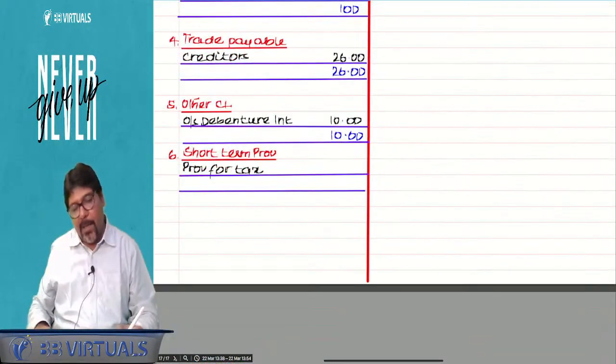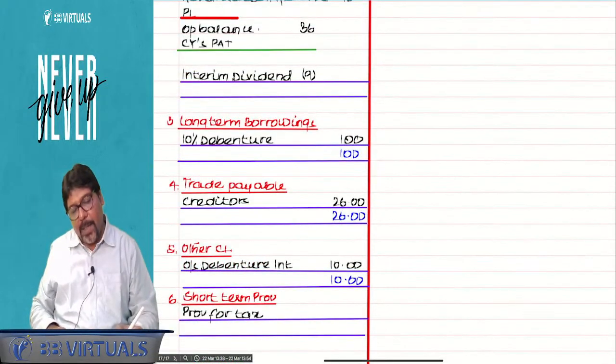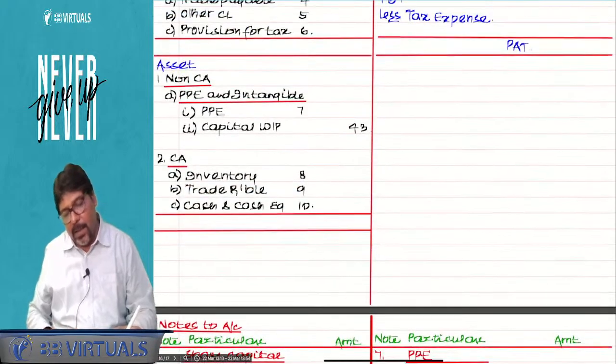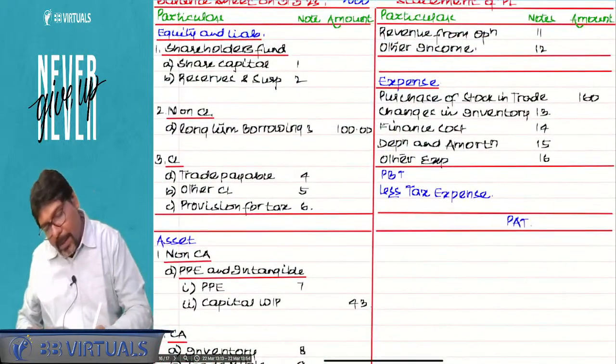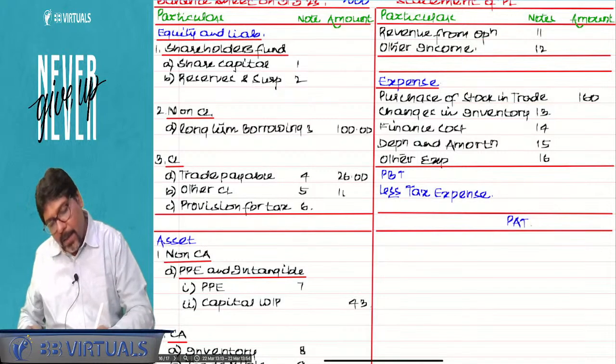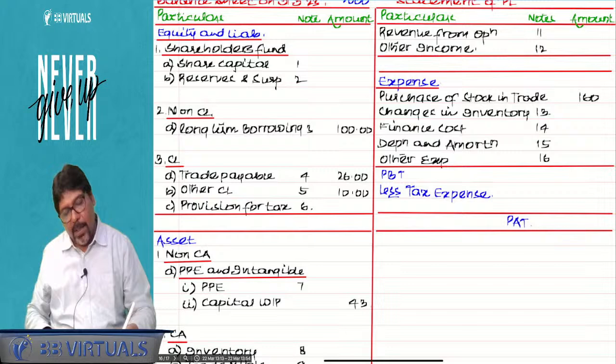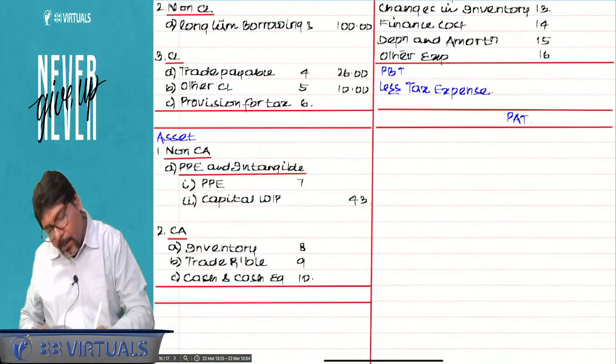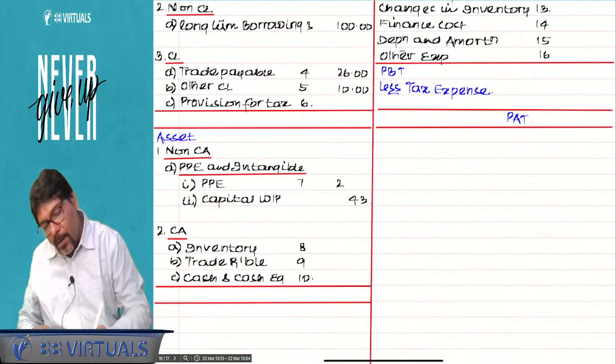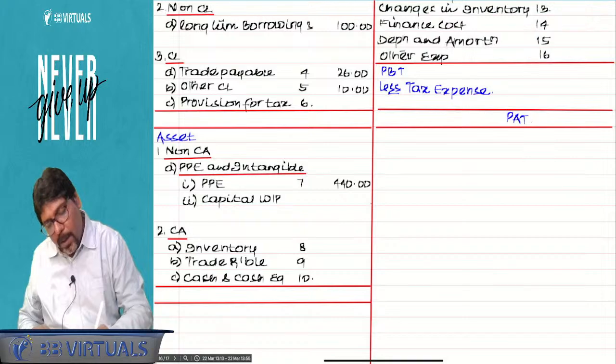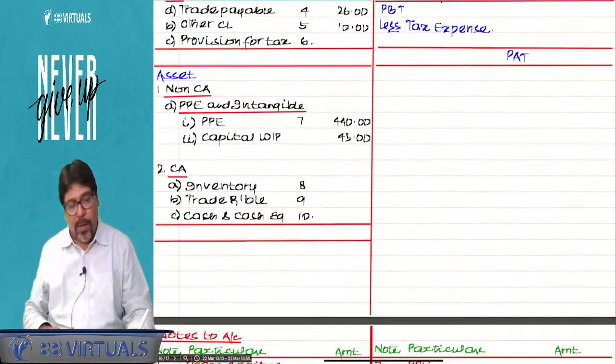In trade payables, 26. Outstanding debenture interest, 10. Provision for tax, you have to wait. PPE, 440 we got. Correct, yes. Now inventory.